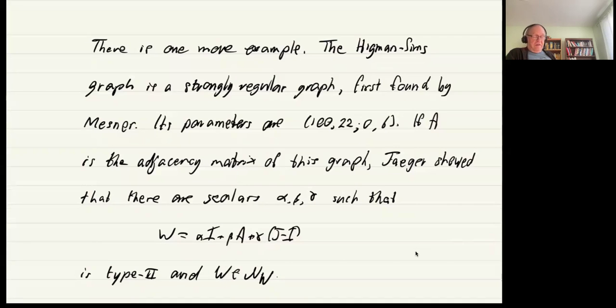Now, if you're going to generalize this construction, Jaeger proved you need a triangle-free strongly regular graph with some other properties. And the problem is that the largest non-bipartite triangle-free strongly regular graph we know is the Higman-Sims graph. So we do not know a strongly regular graph which is triangle-free, not bipartite, and with more than 100 vertices.